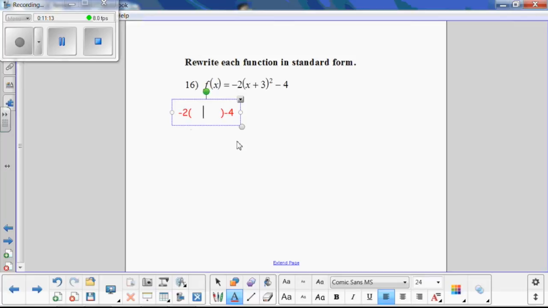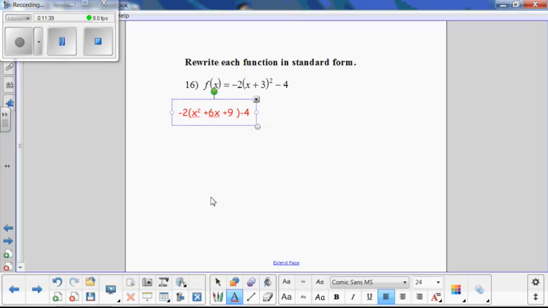We squared this binomial, which gets me an x squared. I squared the last number, which gets me a +9. And we put the terms together and doubled it. So I get 3x, double it, I get +6x.